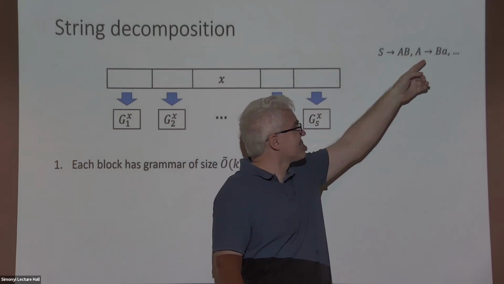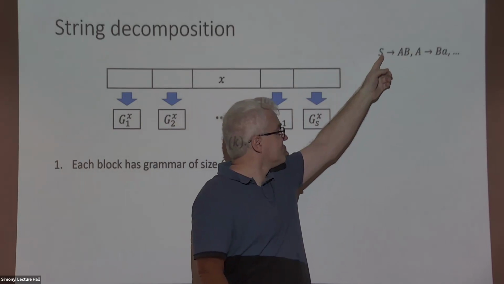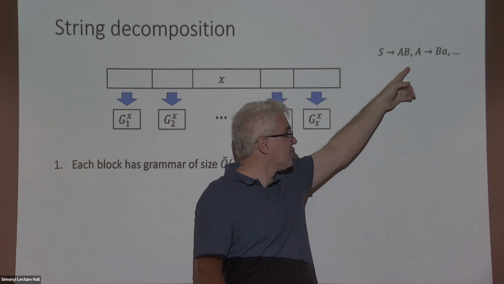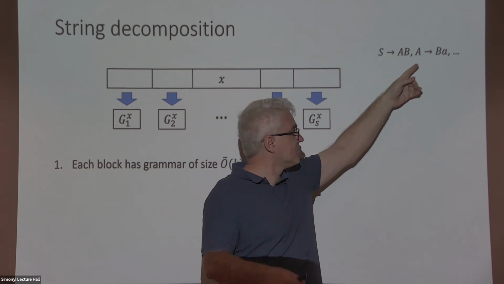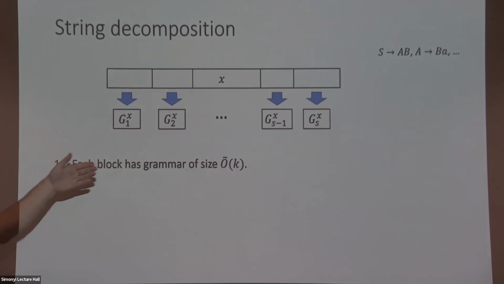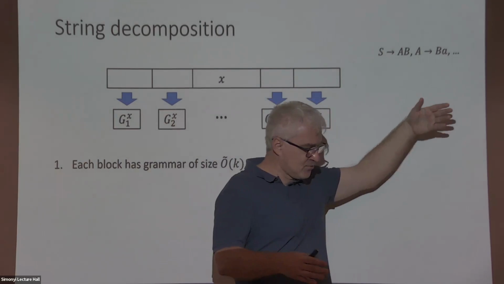But a grammar is actually a very simple concept. These are rewriting rules. You start from some starting symbol S, you rewrite it as AB. Then each symbol you get, you can rewrite further by the rules. And in our case, you arrive at these lowercase letters, and those are your final symbols.